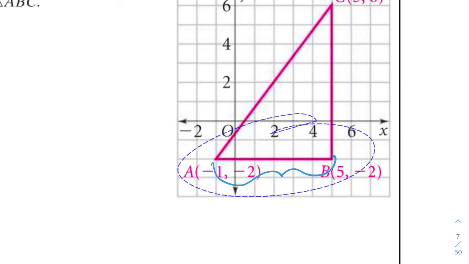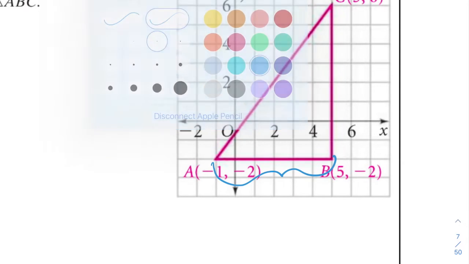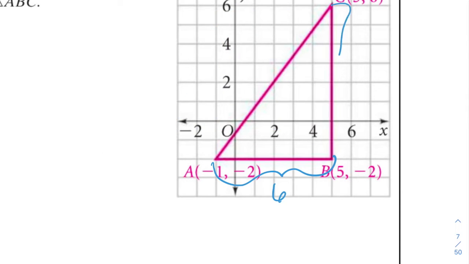So this length here is 1, 2, 3, 4, 5, 6 units. It goes from -1 to 5, so I know that that's 6 units. And I know that this one goes from 6 to -2, which makes it 8 units. Okay, and I count them just to double check. 1, 2, 3, 4, 5, 6, 7, 8.